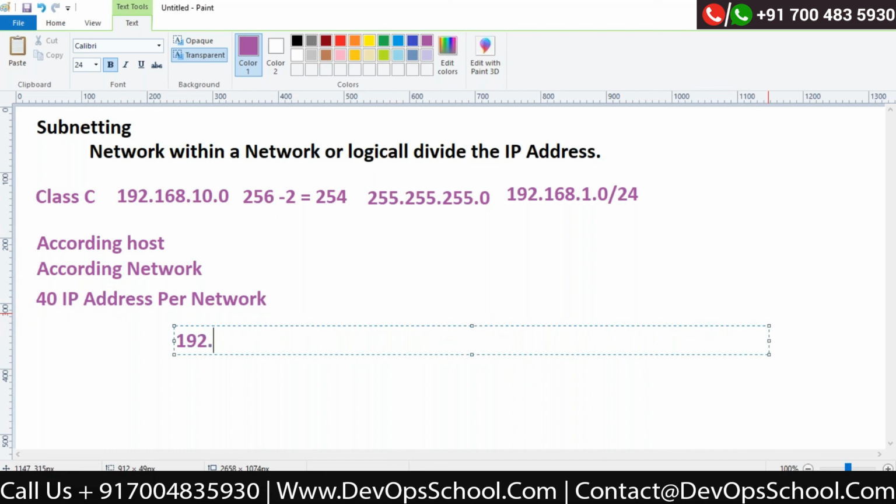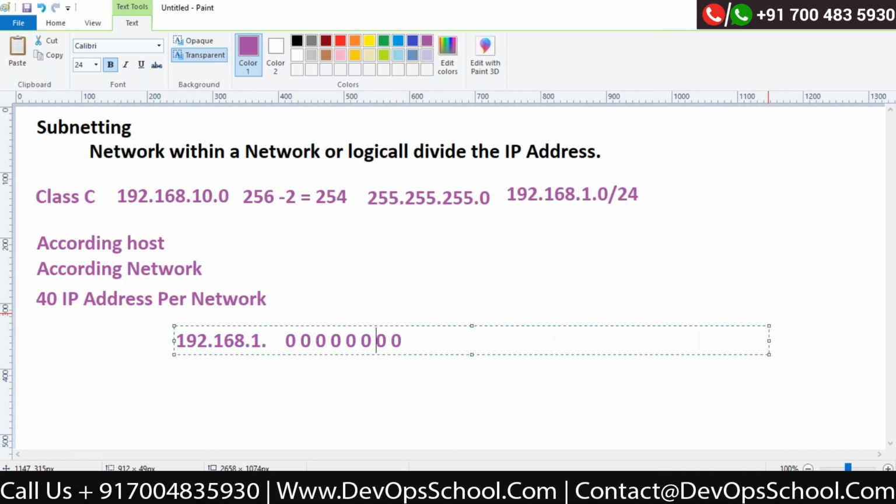So I can simply say, okay, 192.168.1, which is completely fixed. Correct? What we are interested in is the last part of it, which is nothing but the host bits. How many host bits are there? There are 8 host bits. 1, 2, 3, 4, 5, 6, 7, 8.